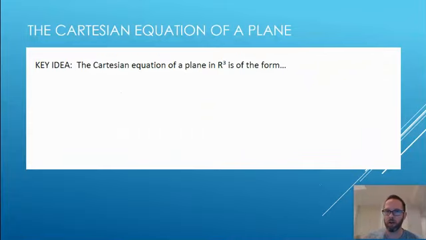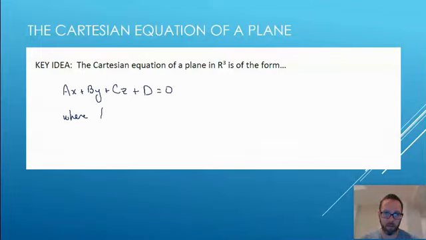So this is the big idea. The Cartesian equation of a plane in R3 is of the form ax plus by plus cz plus d equals 0. And in this case, just like in R2, the vector a, b, c is a normal to the plane.